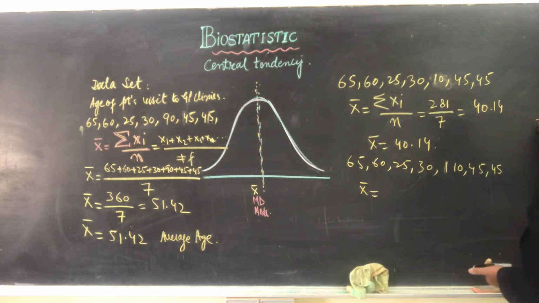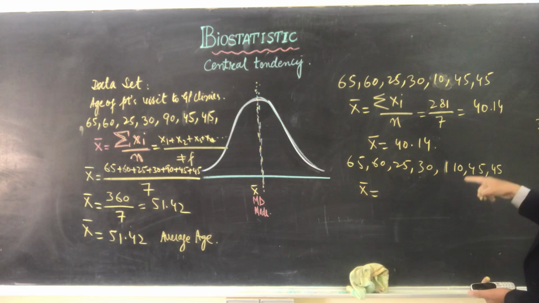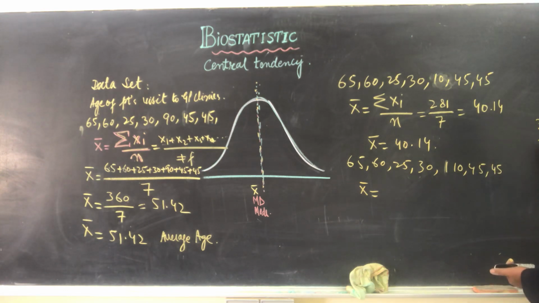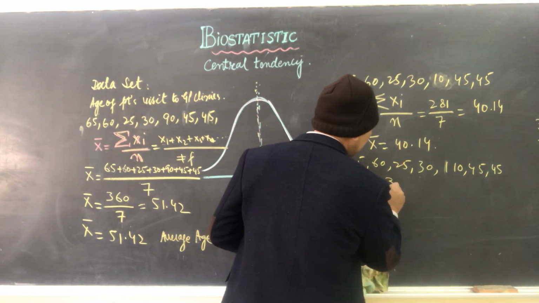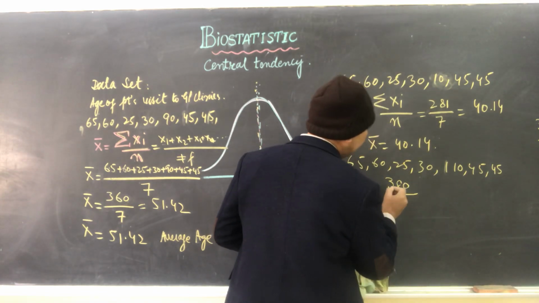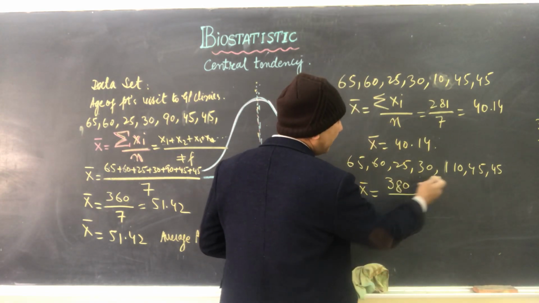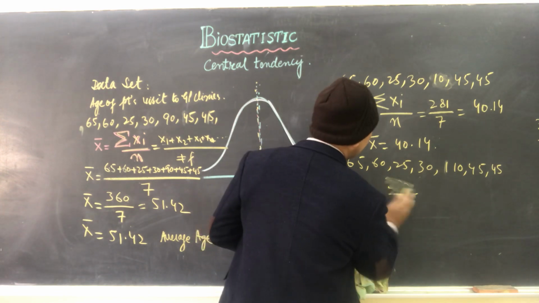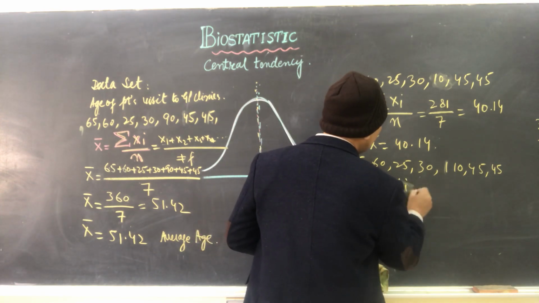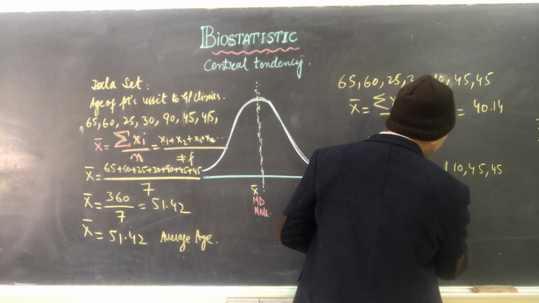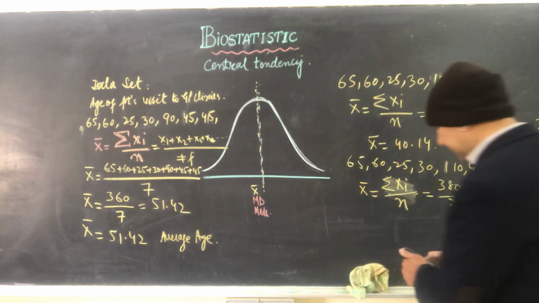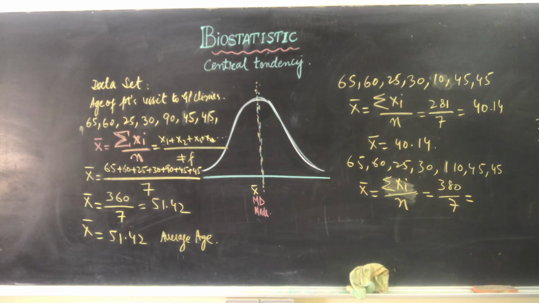In the 360 we will add 90, 10 and 20 years more. It becomes 380 years. Now the sum of the xi, 380, divided by n, comes up as 380 years divided by 7. Let's see what the effects will be.